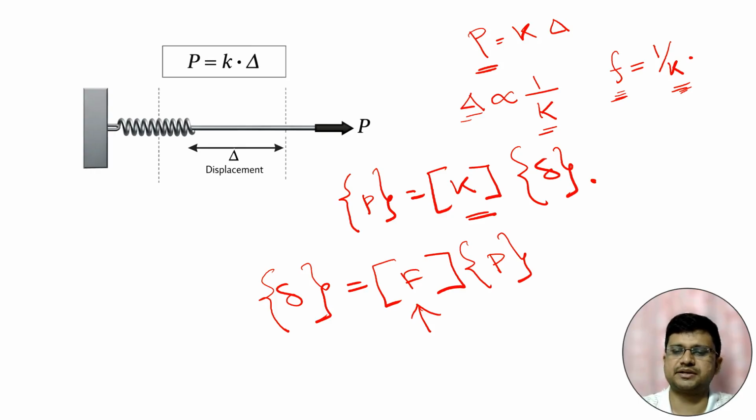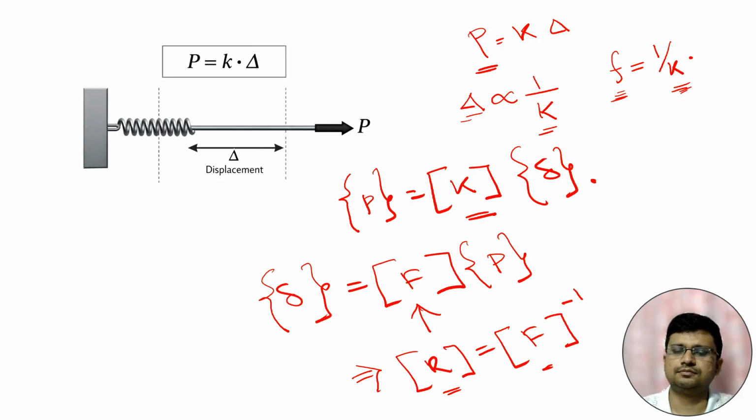If we understand it mathematically, the K matrix will be the inverse of the flexibility matrix. The stiffness matrix is the inverse of the flexibility matrix. That is a very simple thing, and we can easily understand it from mathematical consideration.